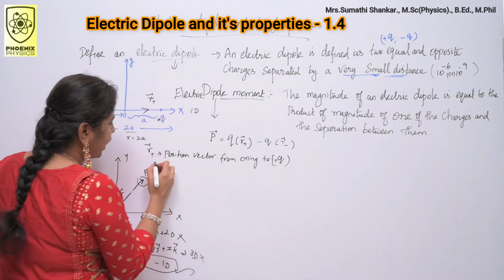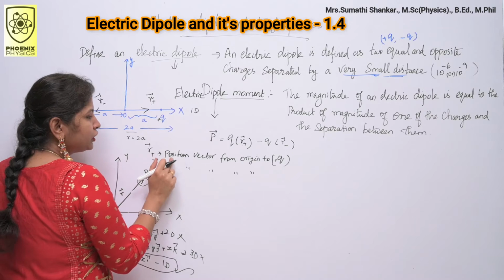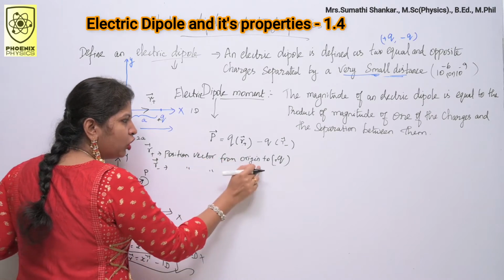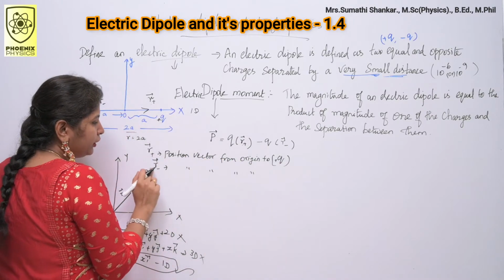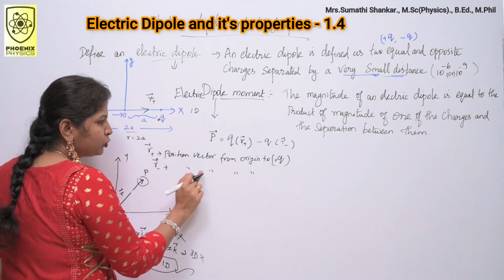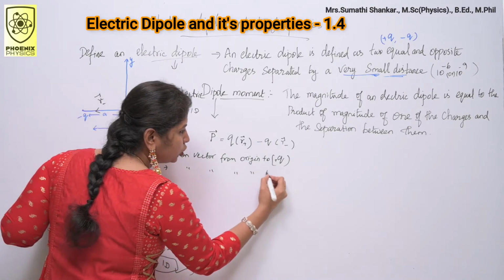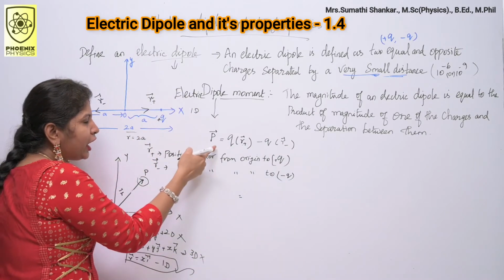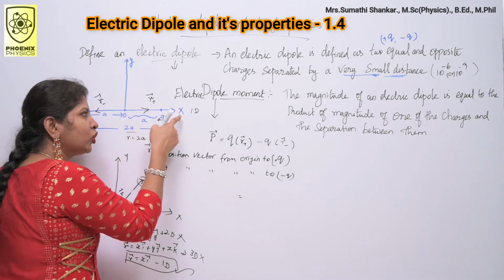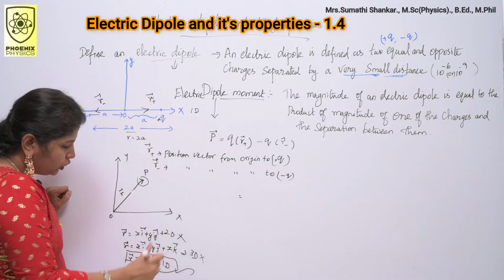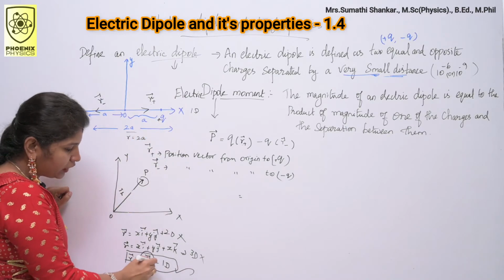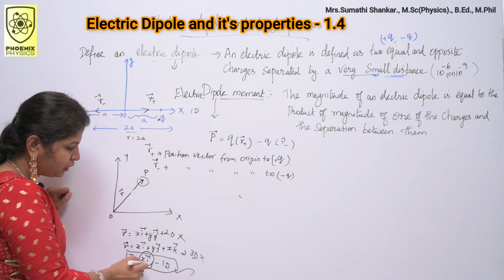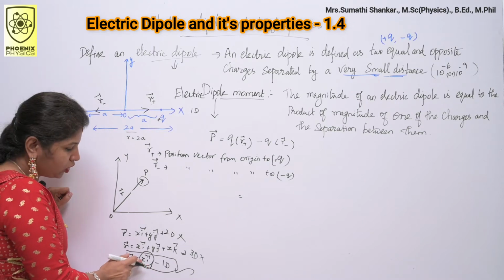So what is this r minus? r plus is nothing but the position vector from origin to q plus. Here r minus is nothing but the position vector from origin to q minus, that is the minus q charge. We have placed the two charges on the x-axis, so you need only x i vector alone, because r can be written as x i vector. What is this x?